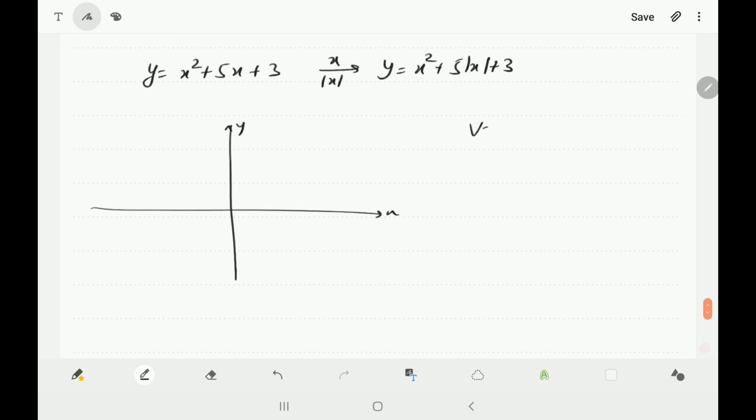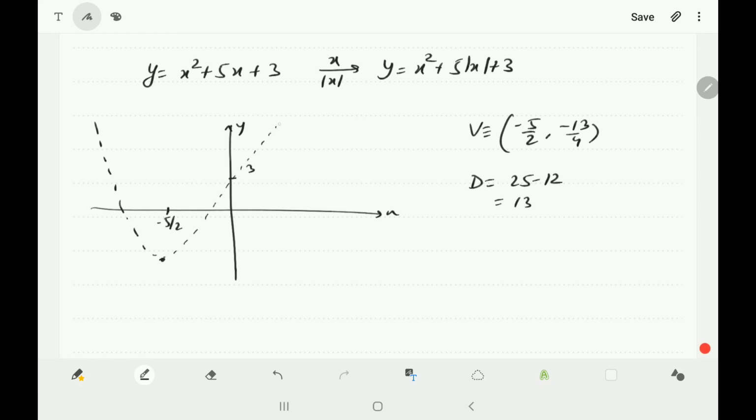Let's find the vertex, which is minus b by 2a, and the discriminant D is 25 minus 12, which is 13, so minus D by 4a. The vertex will be somewhere here, minus 5 by 2, minus 13 by 4. At 0 the value is 3, so the graph will be somewhat like this.